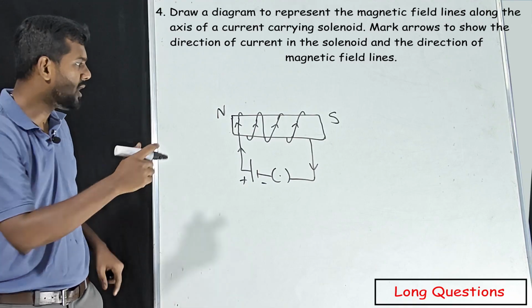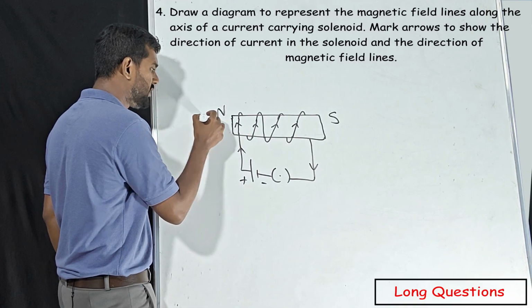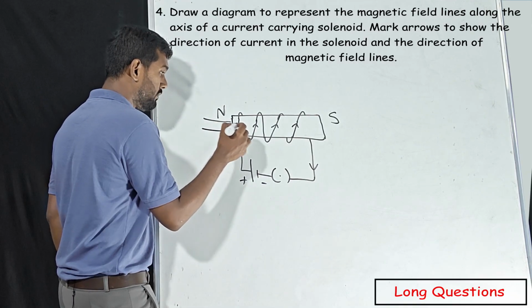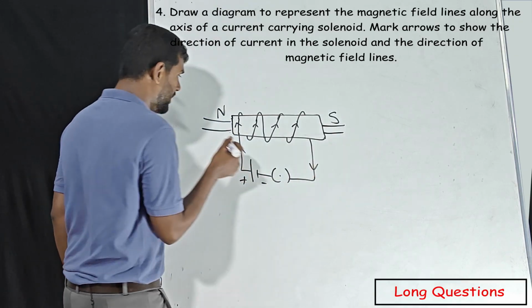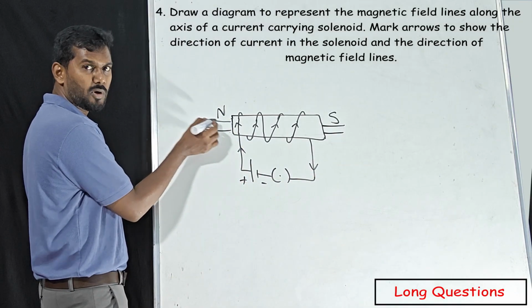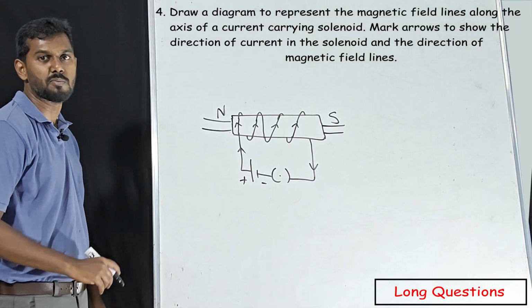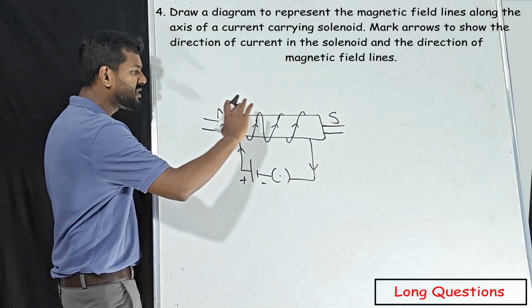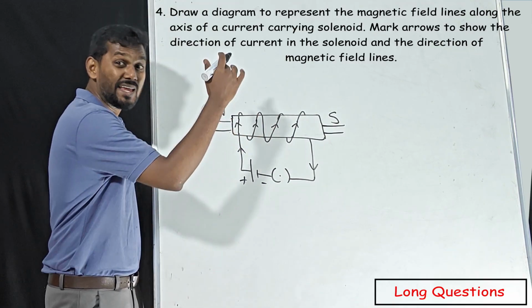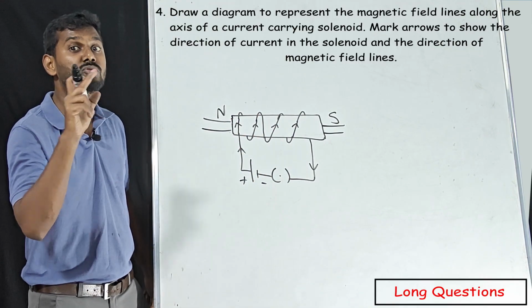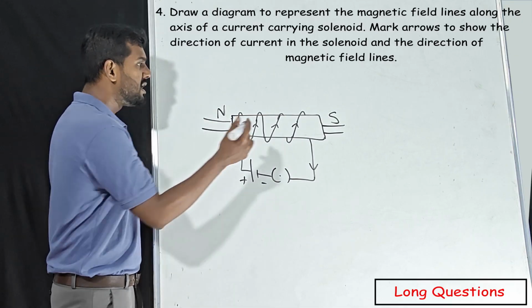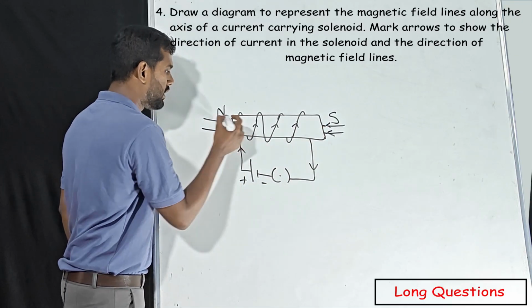In a bar magnet, whether to write the arrow towards right or towards left is important. Now listen, inside the bar magnet the field goes from south to north, correct?